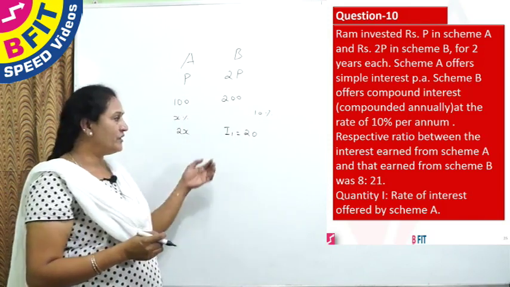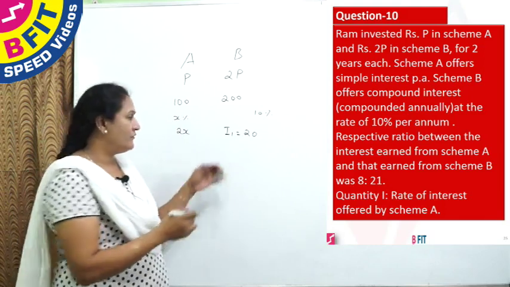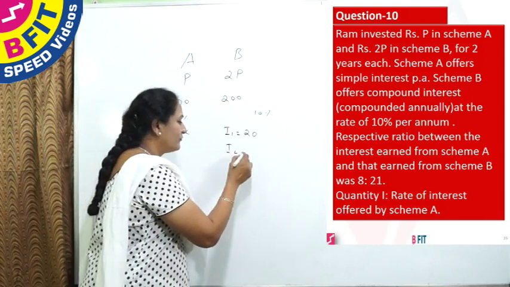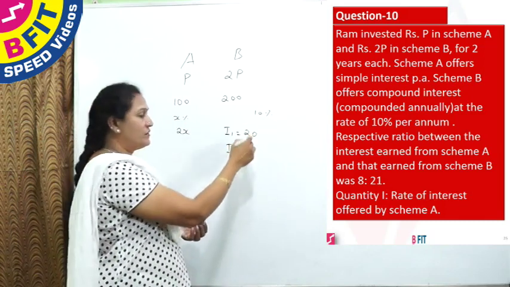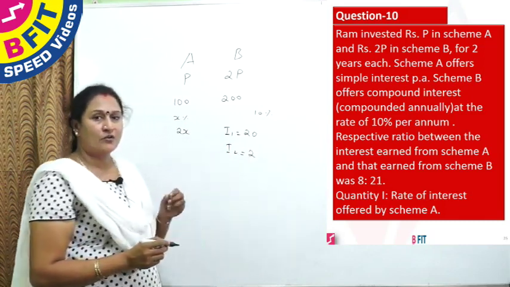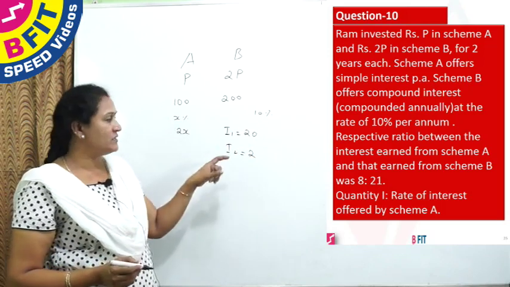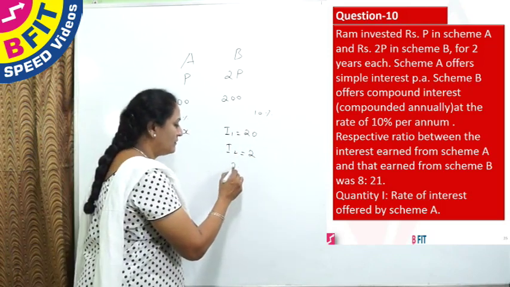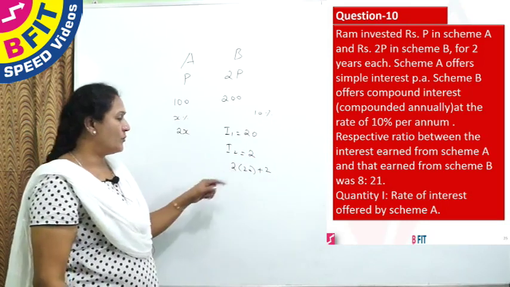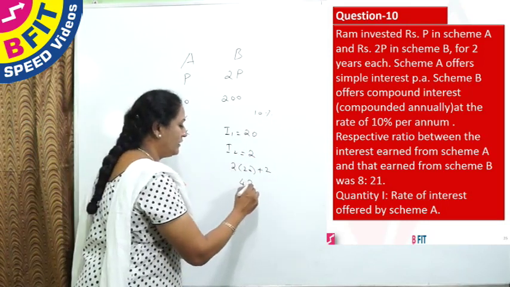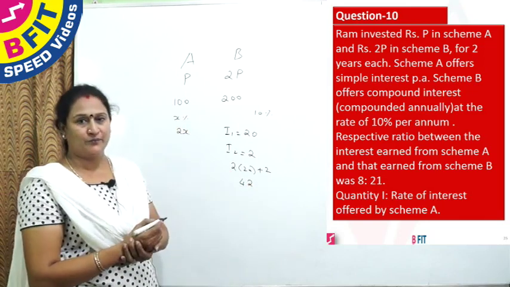And in compound interest, as you have interest on interest, we'll find I2, which is interest on this first year's interest. So 10% of 20 is 2. And how to find compound interest for 2 years? Double this I1 and add I2. So compound interest for 200 for 2 years is 42.